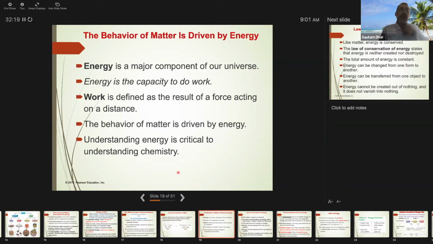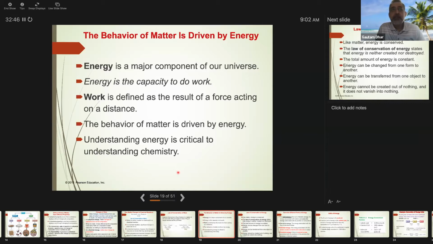Now, physicists also define energy as the capacity to do work. And they define work as if you are pushing a substance that has a mass m, and you push it by, let's say, distance d, then work is defined as force multiplied by distance.